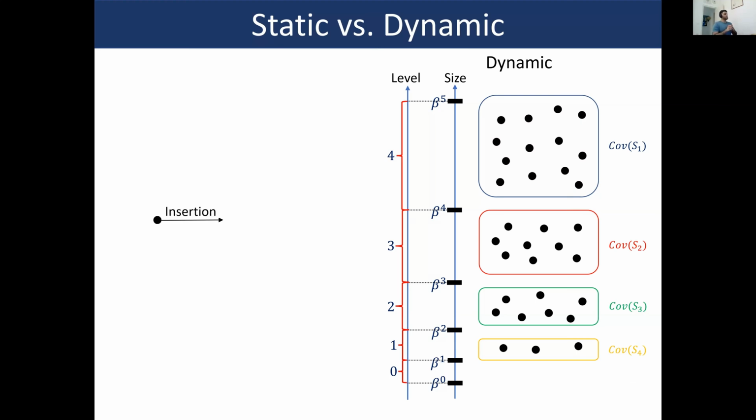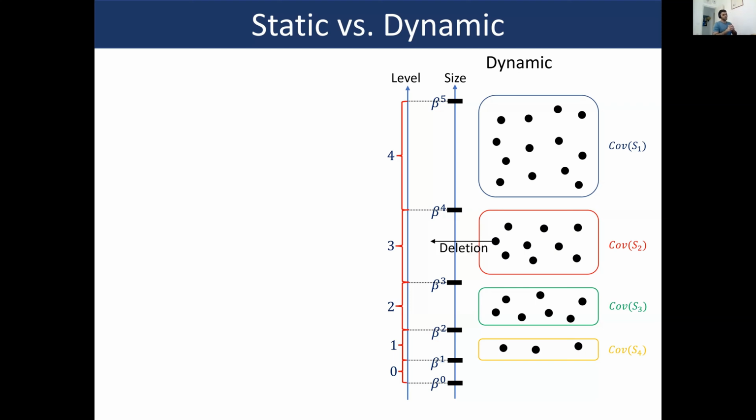And insertions, what do I do? Once I insert an element, it has up to f sets that can contain it. And I just check which one is at the highest level, so that I'll still obey the ideal guarantee. So let's say that this element belongs to S1, S2, S3, and S4. I'll make it join cov S1, since cov S1 is at the highest level.